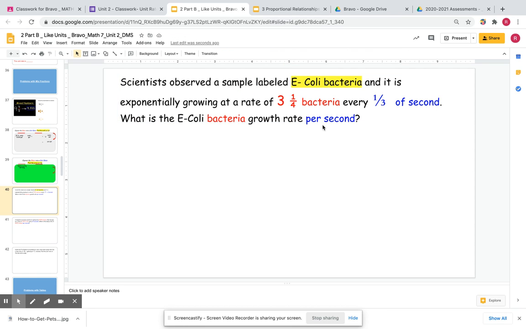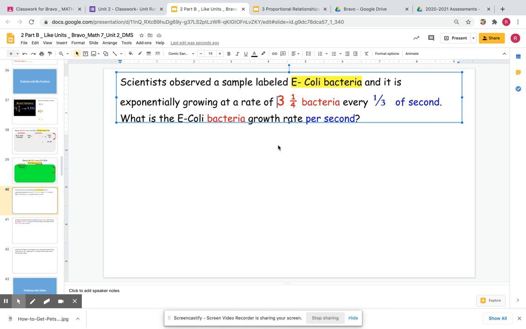So now that we identified the story, I want to ask you, what do we know about the E. coli bacteria? What information is given from the problem? Go ahead and write that information down on your piece of paper. Now, tell me, what information do we know about the E. coli bacteria?